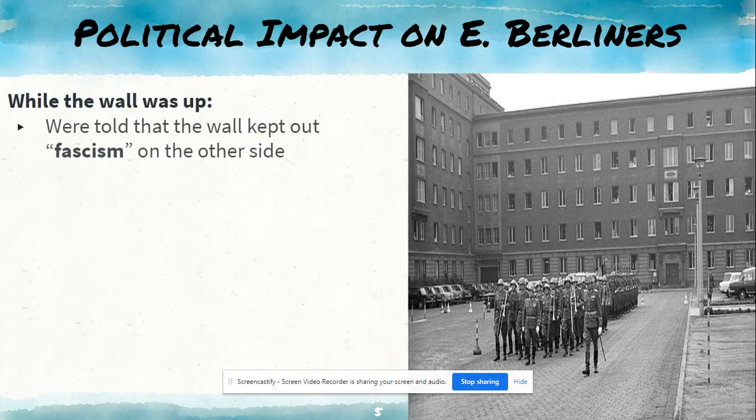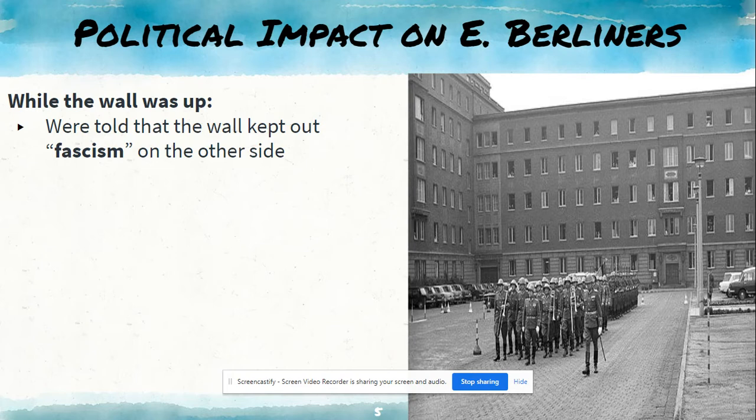While the wall was up, East Berliners were told that the wall was being used to keep out fascism on the other side. So East Berlin portrayed the wall as protecting the population from fascist elements that wanted to prevent the building of a socialist state in East Germany.